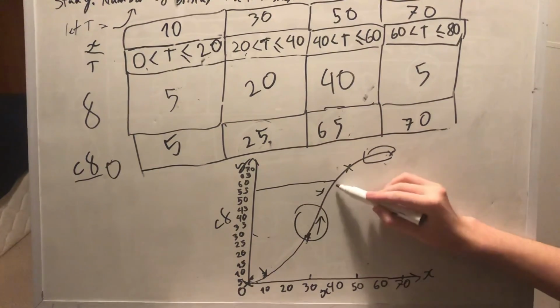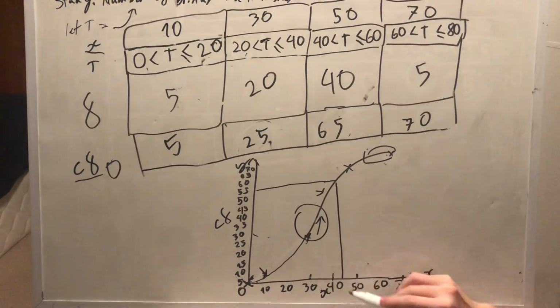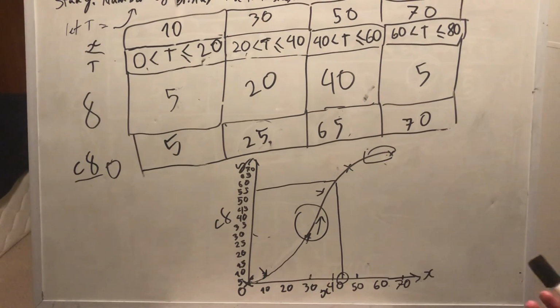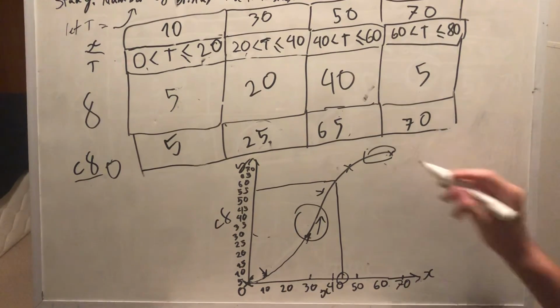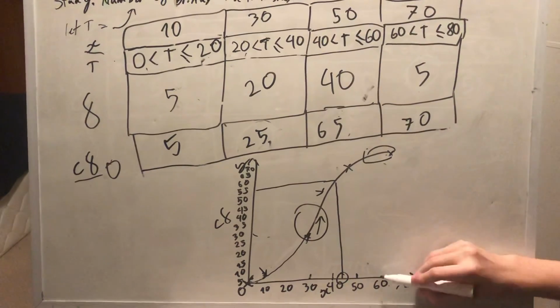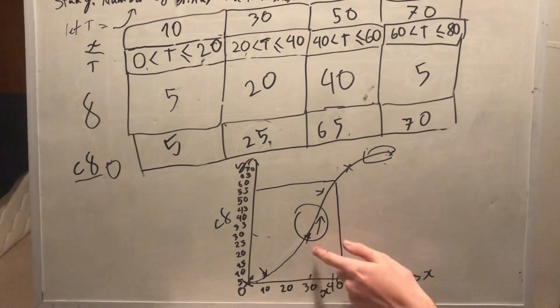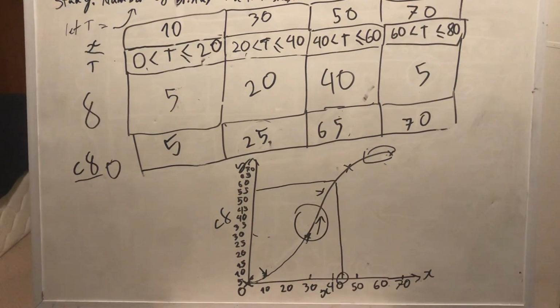I can draw a line across to the graph and then down, and I can approximate the x value that has 55 items in it. 55 on the cumulative frequency, so it's somewhere around there. Normally you'd start here with the cumulative frequency. And you can use this to find all sorts of things like your interquartile ranges and your medians and stuff like that. But we're not going to get into that right now.